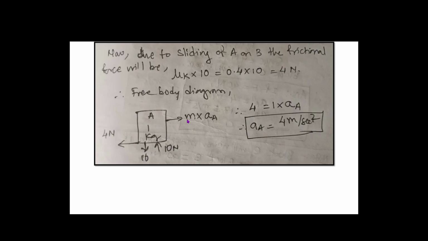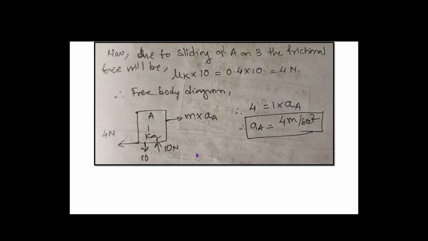And because it has to keep on moving, it has to accelerate in this direction, right? But it will not get the additional force, because only 4 Newton will get transferred to this.